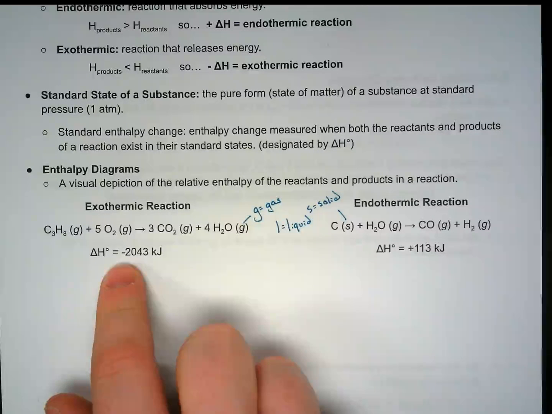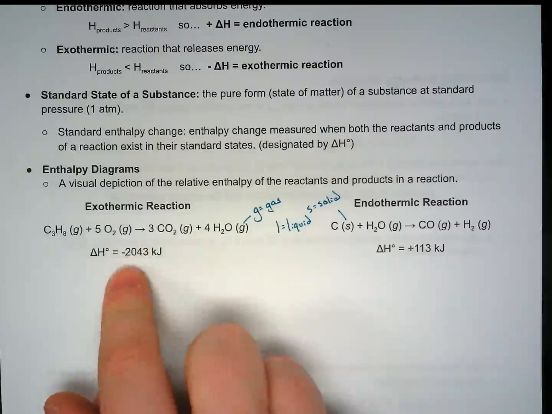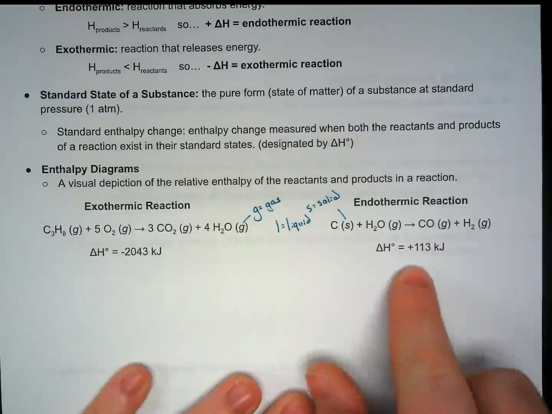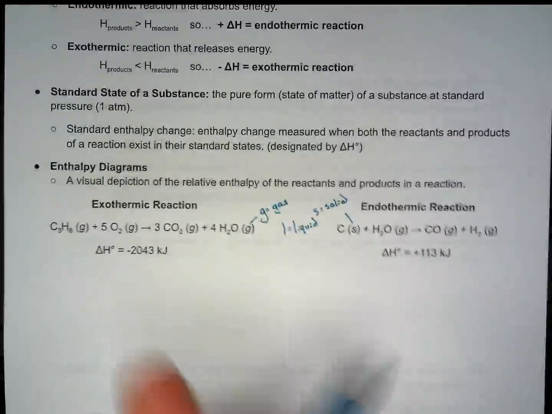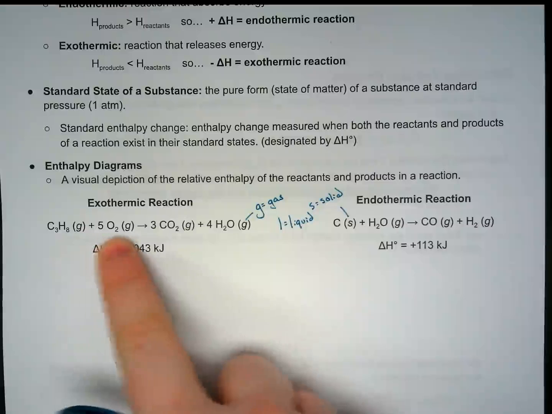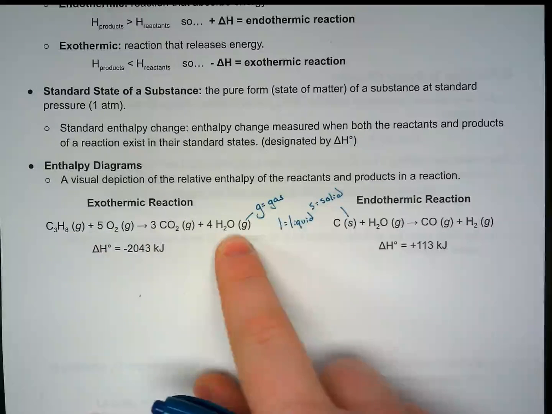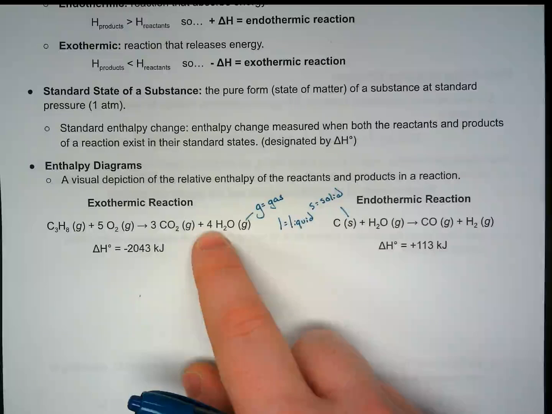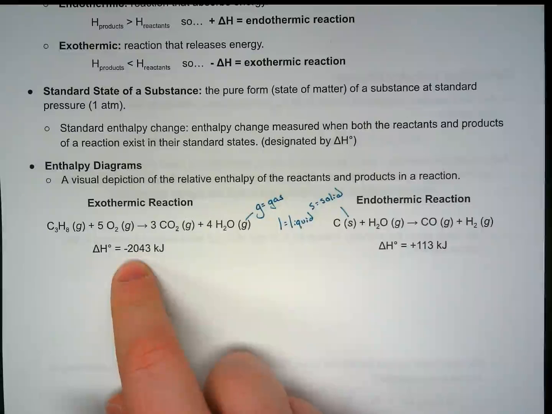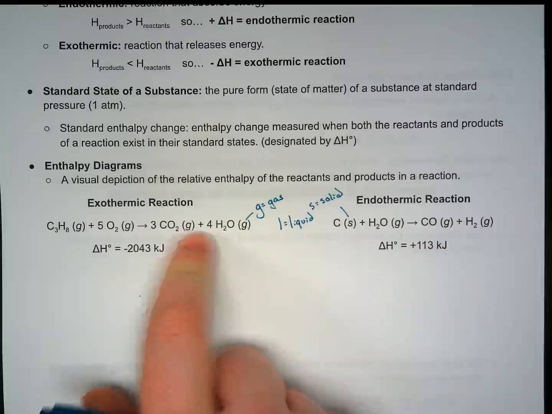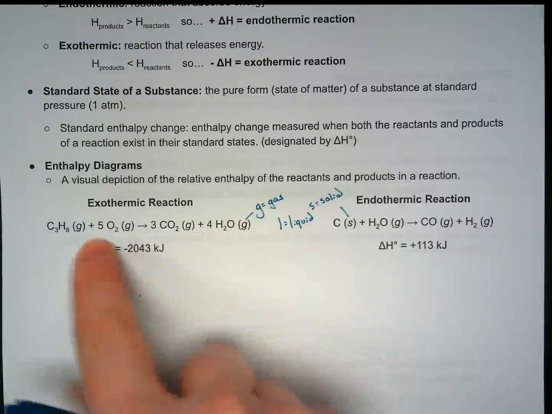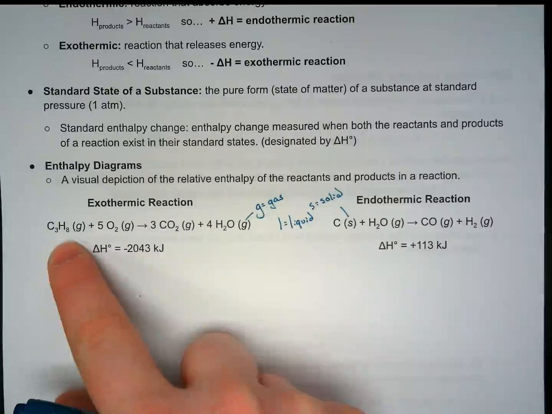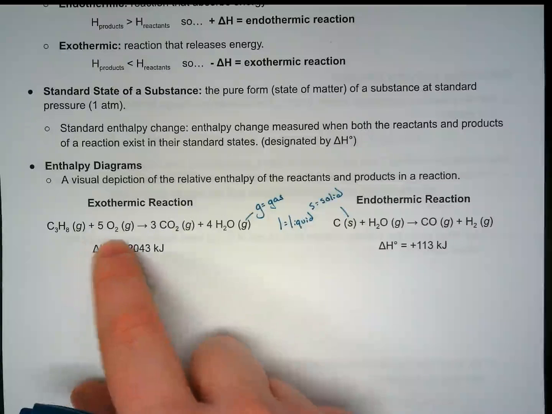And then after the complete balanced chemical equations, we have our change in enthalpy. What this is saying is that once you carry out the reaction, you have the proportional amounts of reactants, and then you measure out the proportional amount of products. Here is the change in the heat from here to here. In this case, I know that this is combustion, so it looks like we lost energy.